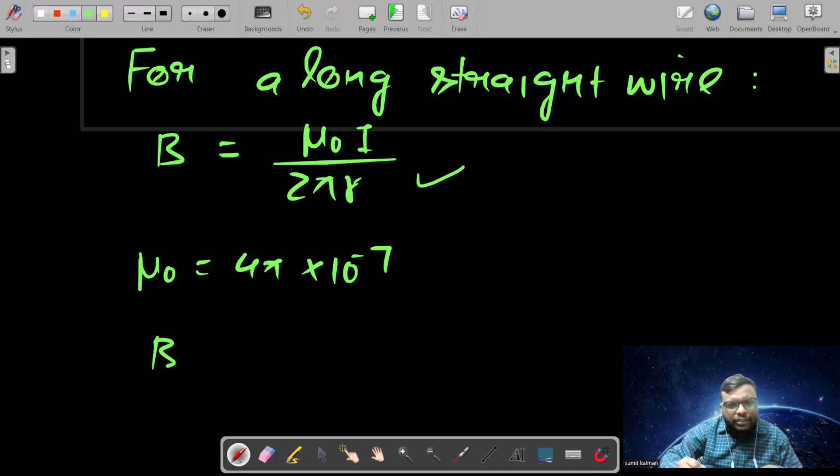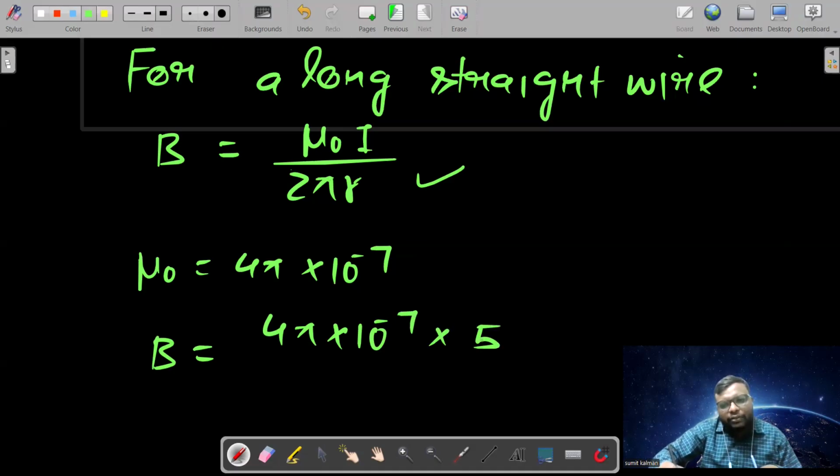So here magnetic field will become 4 pi into 10 to the power minus 7 into 5 upon 2 pi, the value of distance r, it is given and it is 0.2 meter.